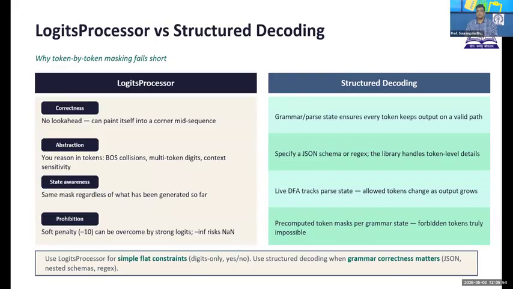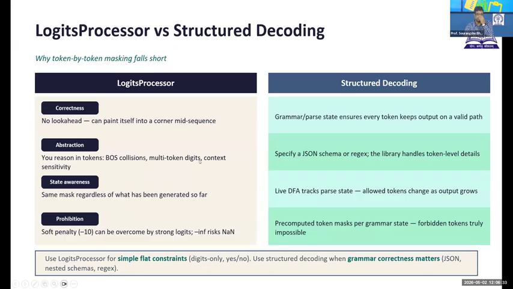So what did we learn? We have discussed this. Basically, this logits processor has a problem. There is no look ahead. You cannot look forward to see whether there is completeness. Also, what do you do when your tokens are many times not digits, if you have multi-token digits?